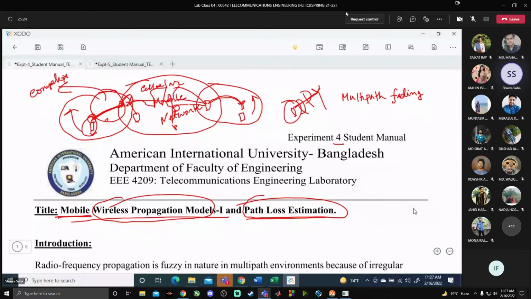Propagation models are nothing but some link budget equations, or you can say mathematical equations, which actually relate the different factors.